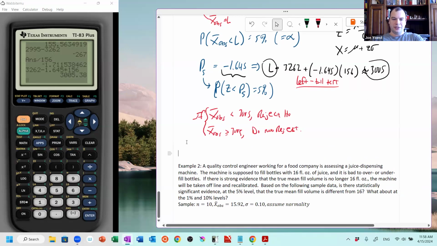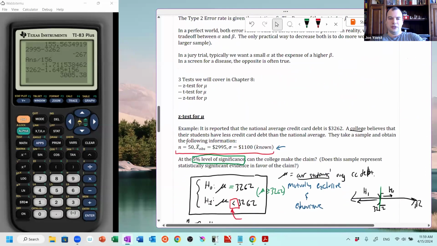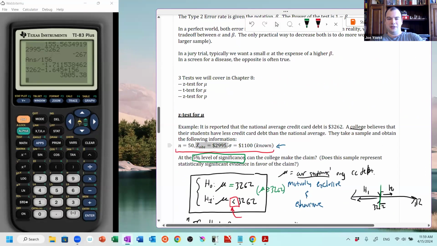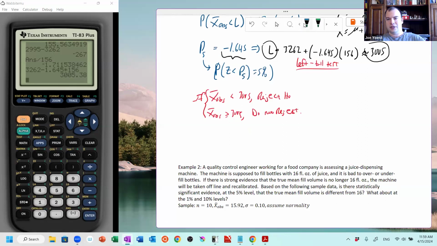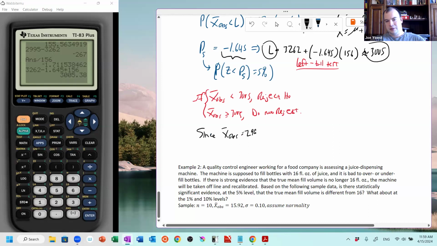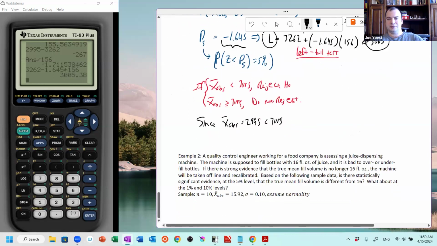And now we can look at our actual sample. So now the thing that we're using very last is our X bar observed from the sample, 2995. And here we can say, since X bar observed is 2995, which is less than 3005, it is in the rejection region, which is what we call this area to the left of L in this case.